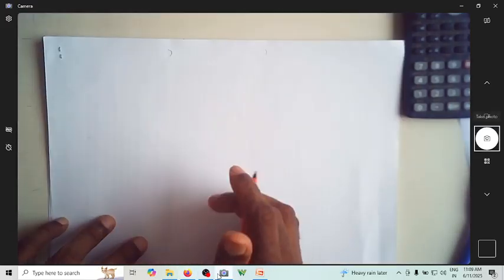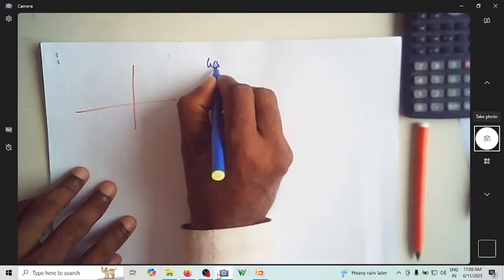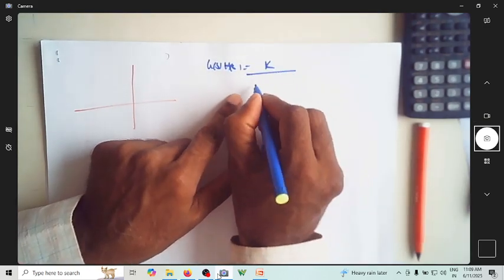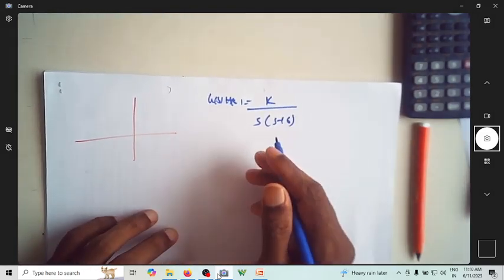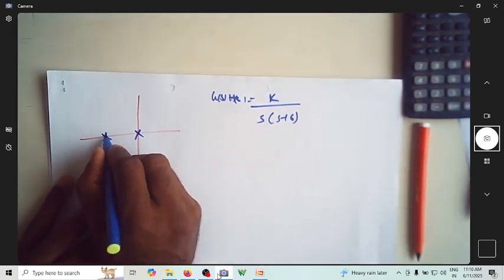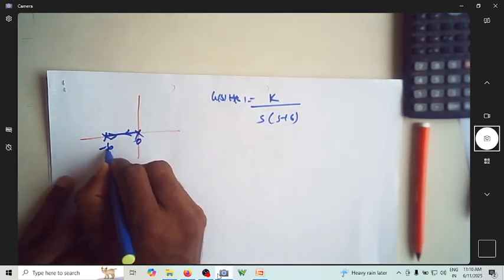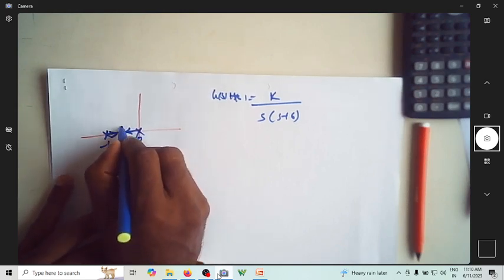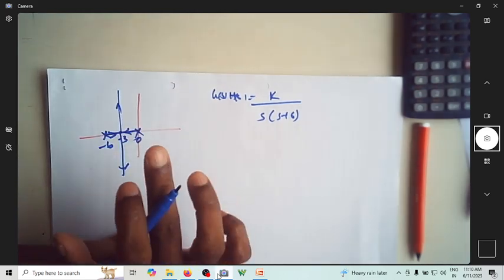Let us assume that you have G(s)H(s) something like K by s into (s plus 6). This is how the poles will look. There is a pole at 0 and at minus 6, and the locus will break away at minus 3 and go like this. The system is absolutely stable.